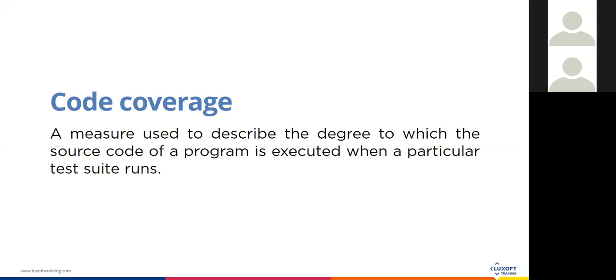This is a metric, not an absolute metric. If we have a very high code coverage, it will not make sure that our code is bug-free, but it is a need. You need to have some good code coverage in order to have good tests and in order to have some safety.